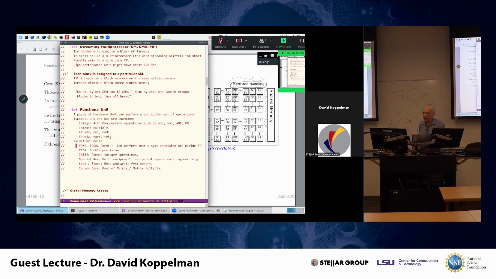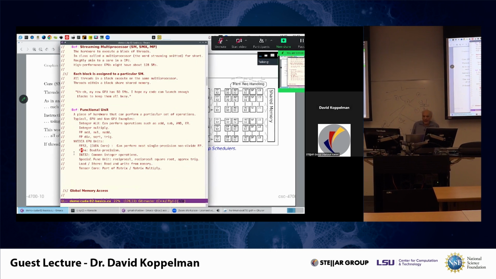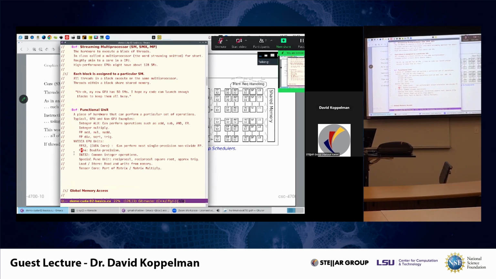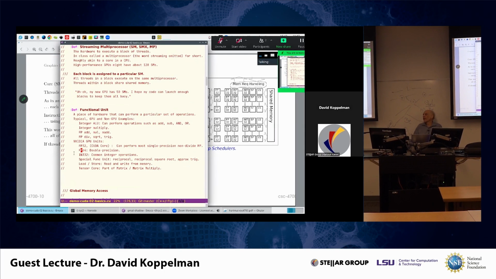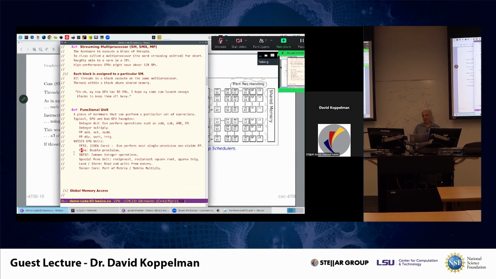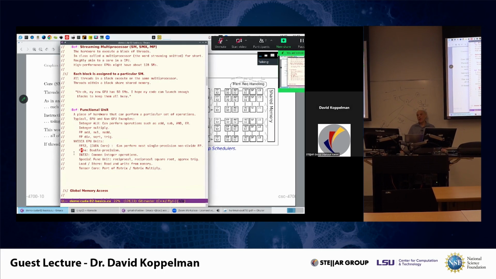And it does addition, subtraction, multiply, fused multiply-add. There are also FP64 functional units. So if you get a data center grade, like an H100, the number of FP64s is half the number of FP32s. If you buy the consumer version, then you are going to get very few FP64s.